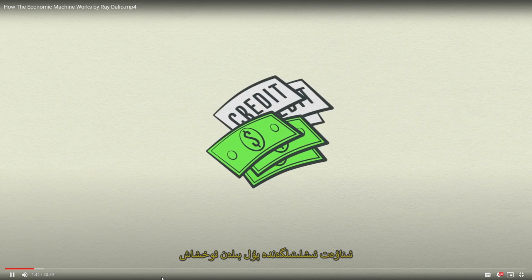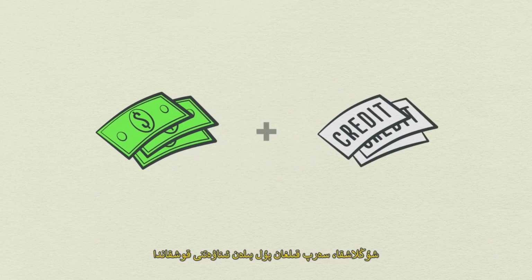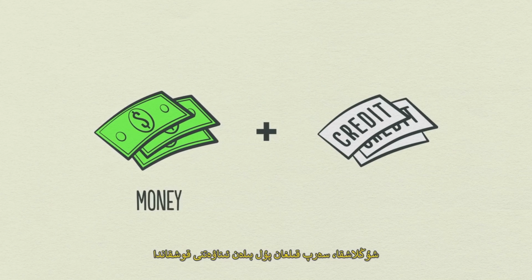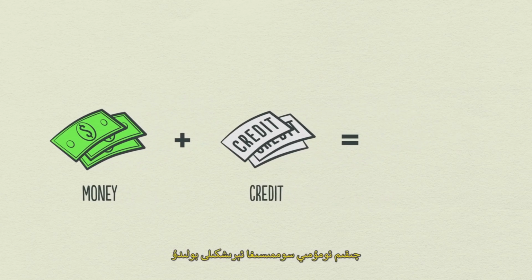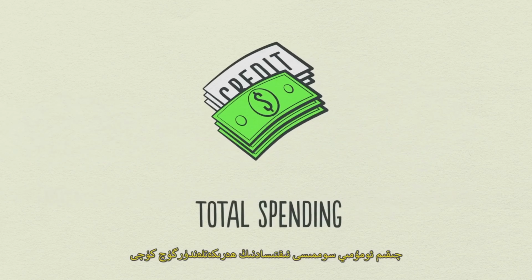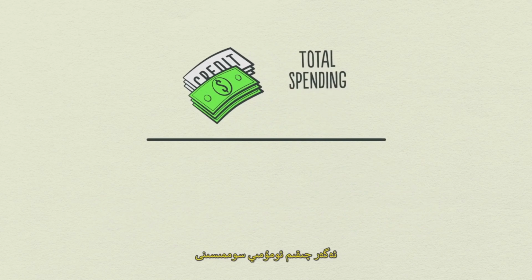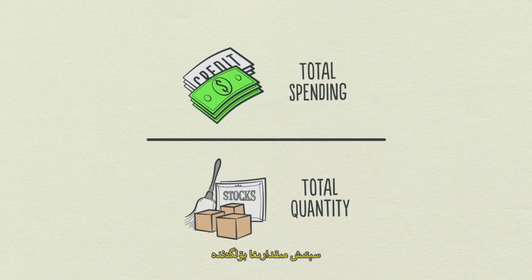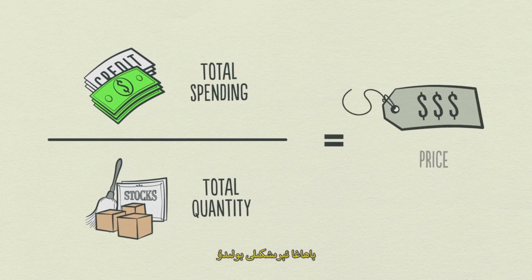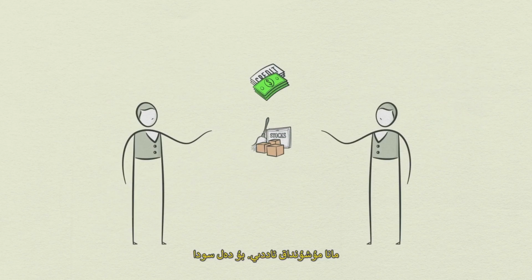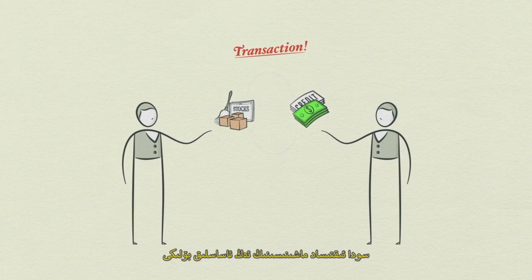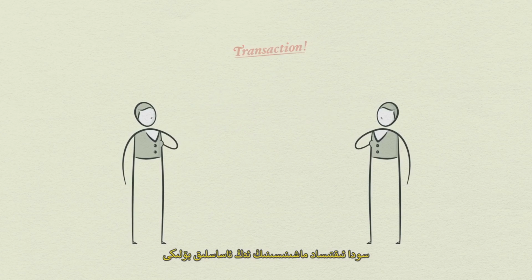Credit spends just like money, so adding together the money spent and the amount of credit spent, you can know the total spending. The total amount of spending drives the economy. If you divide the amount spent by the quantity sold, you get the price. And that's it. That's a transaction. It's the building block of the economic machine.